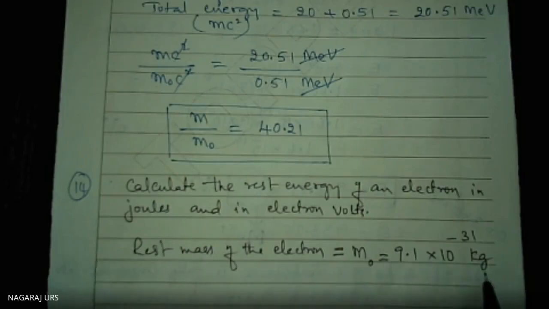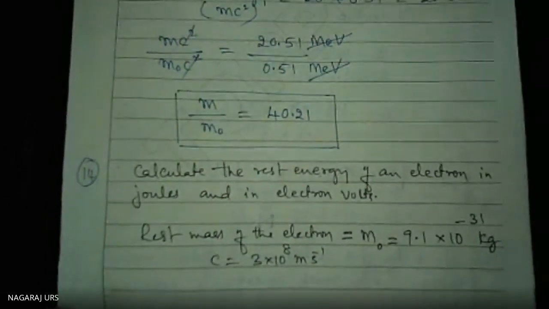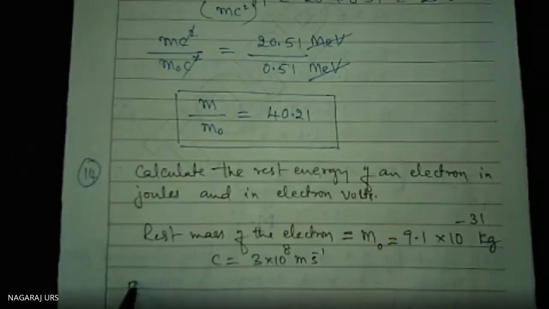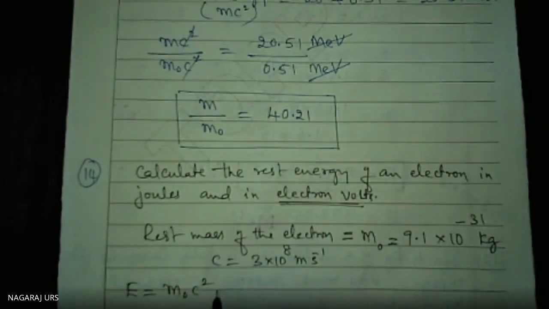Right. So, coming to the concept. We know that c is equal to how much? 3 times 10 to the power 8 meter per second. Use the formula E is equal to m naught c square. But he says we have to calculate in electron volt. You do the substitution and you will get the answer in joules.